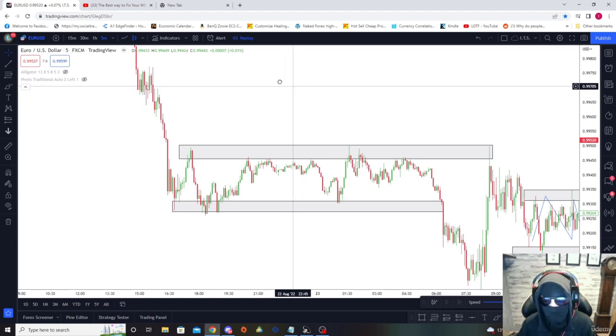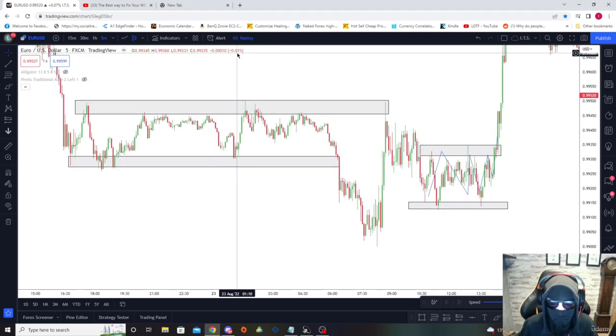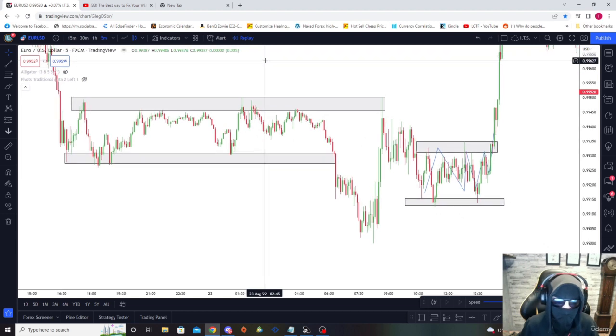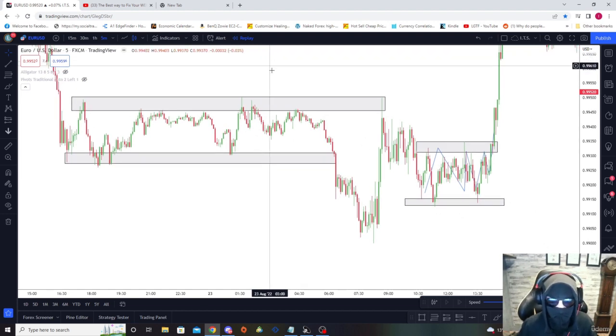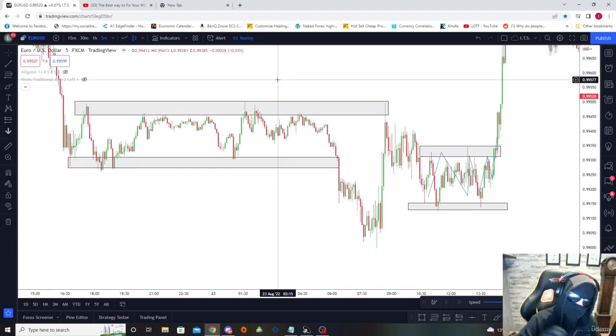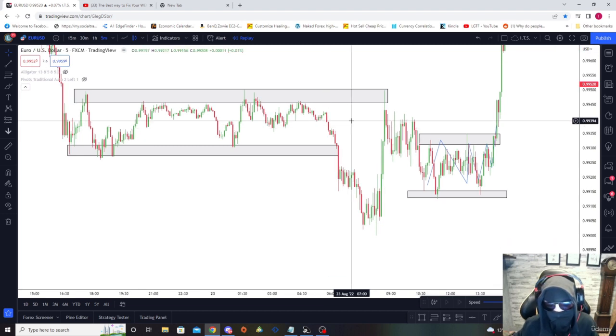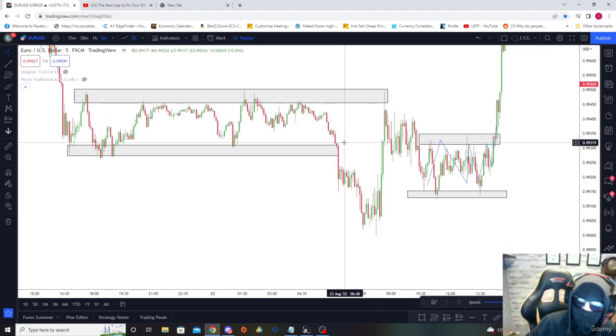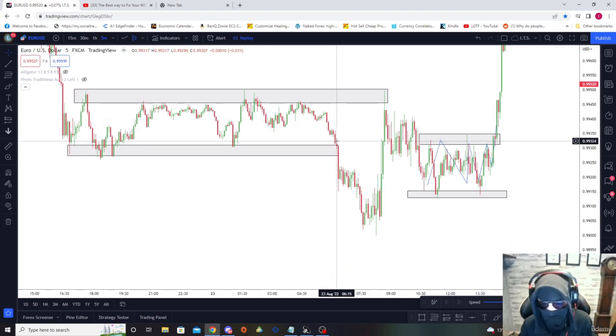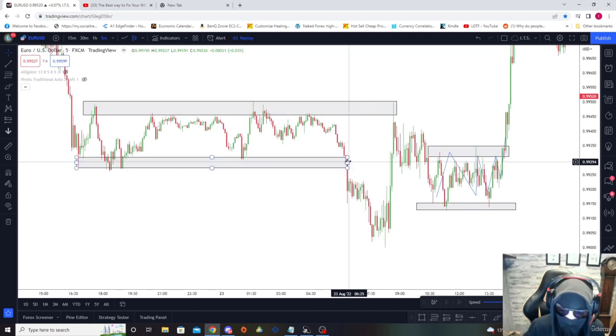The second way to trade it is a breakout. Breakout traders wait for either the support or the resistance zone to be broken. So it's getting wedged in between the support and resistance, the candles are getting wedged, and then eventually it's going to fall out or break up above the support and resistance. In this case, it broke below the support.